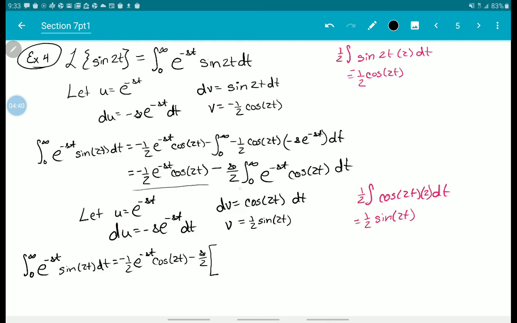And then we had to do by parts for this piece. So here's our by parts. And if we put that together, it's going to be uv minus the integral of v du.